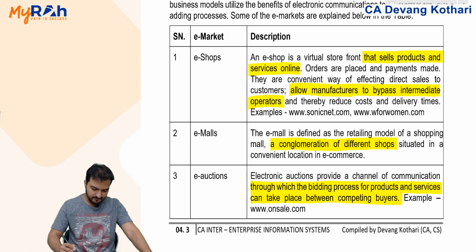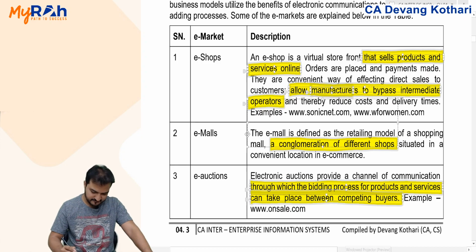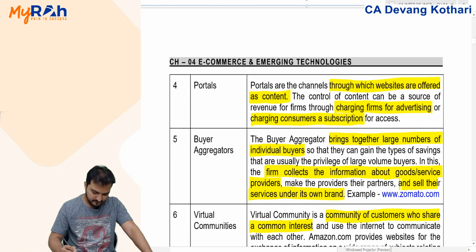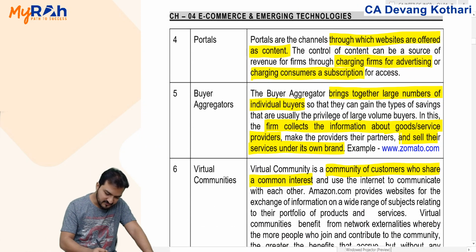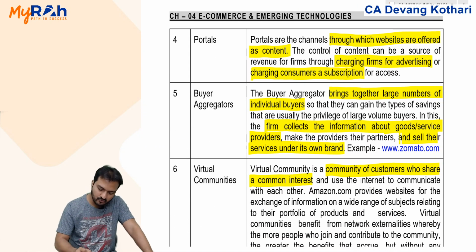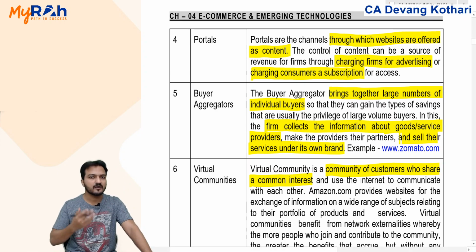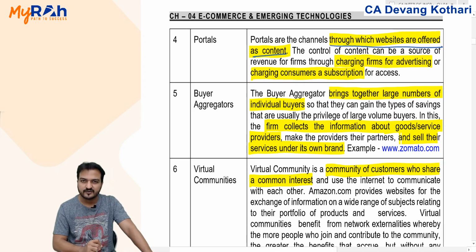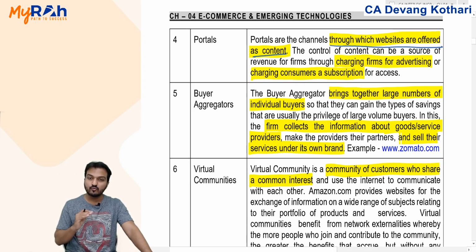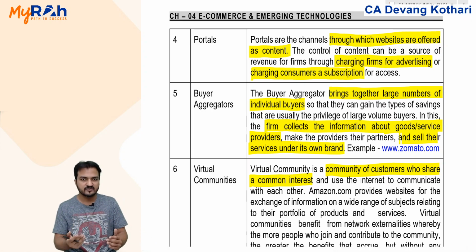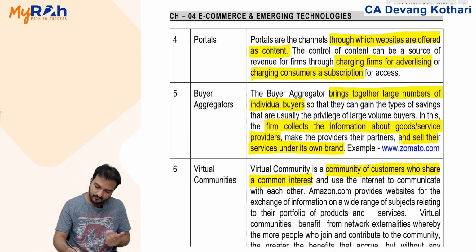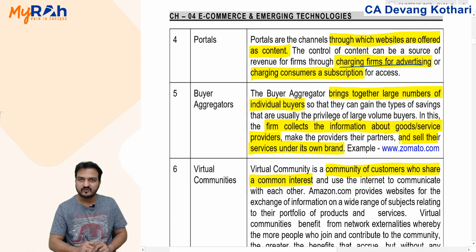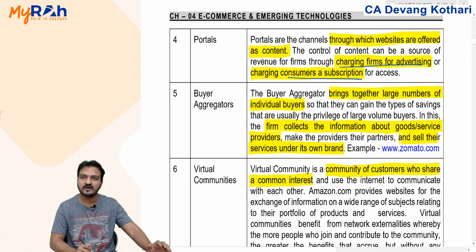So going further, after e-auctions, portals. Portals are websites. Portals are the websites through which other websites are offered as content, so that a company who wants to get customers, they will put their website on the portal. The portal will be charging the company for advertisement and will be charging customers a subscription fee.